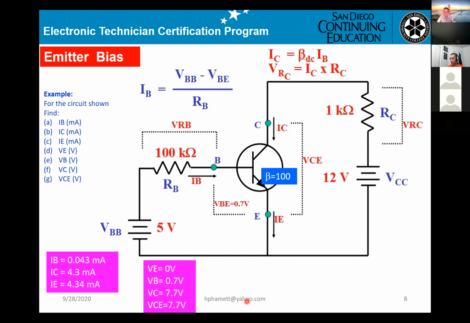They don't want you to do calculation, but they ask you how do we calculate the VB? When they say VB, only B, the other side must be common, must be ground. That means from the base to the ground. VC means from the C to the ground.